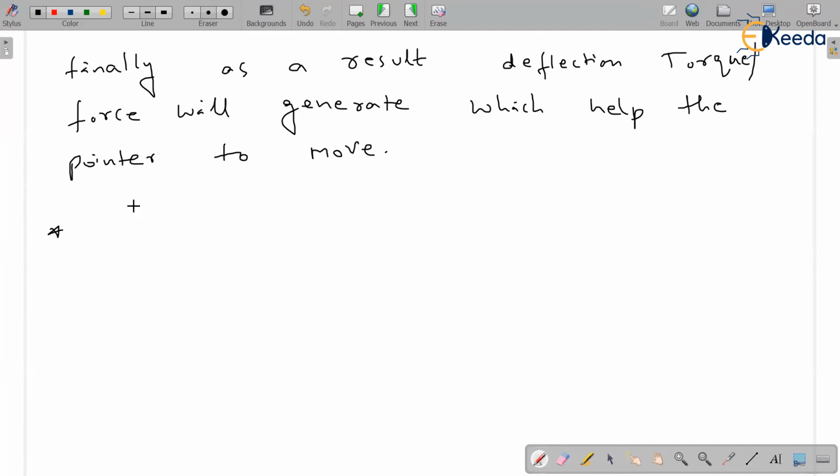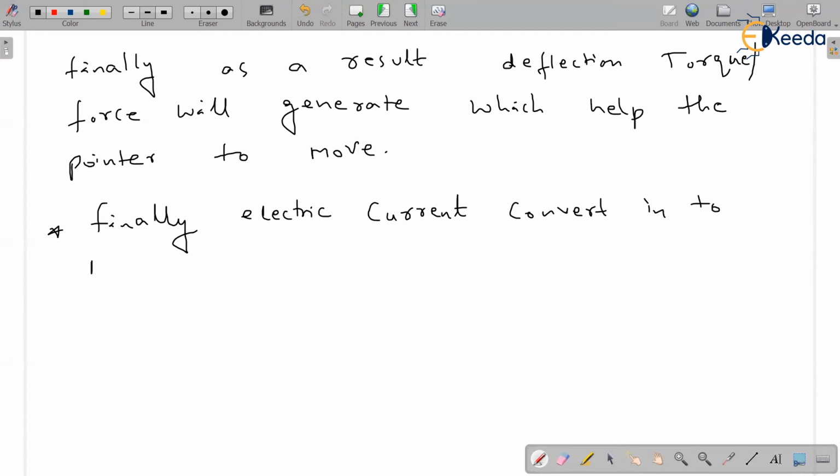Finally, electric current is converted into mechanical force.